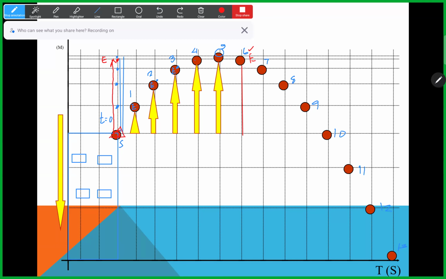Your displacement vector for 7 seconds will be there. Your displacement vector for 8 seconds. For 9 seconds. And for 10 seconds, what's my displacement? Anyone?